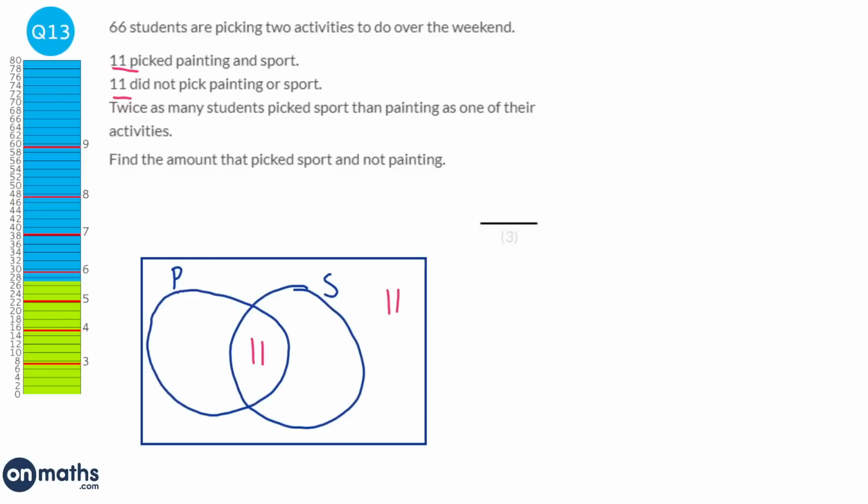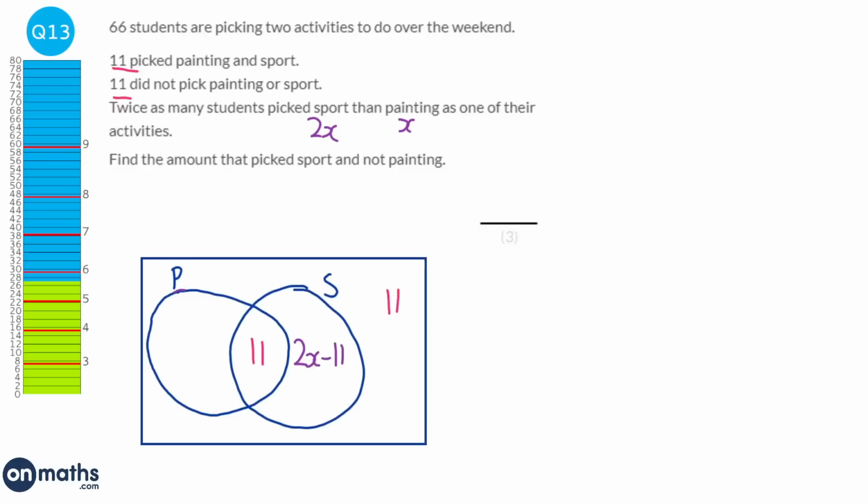If the painting we label as X, then the sport will be 2X. But we've already got a number in the sport, that 11 there. So in algebra, this will be 2x, take away the 11 that we already know about.